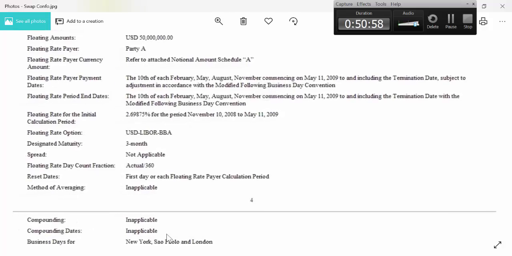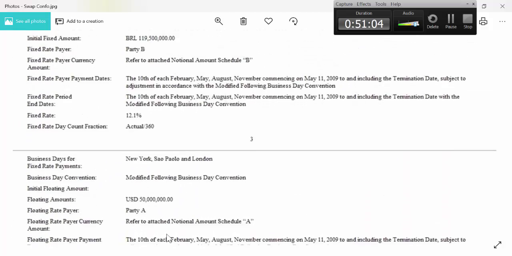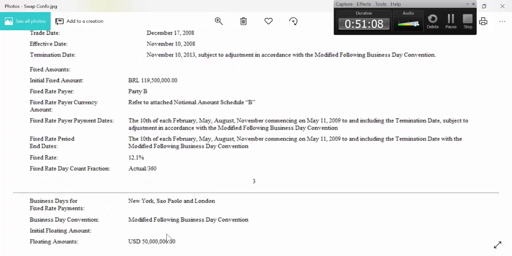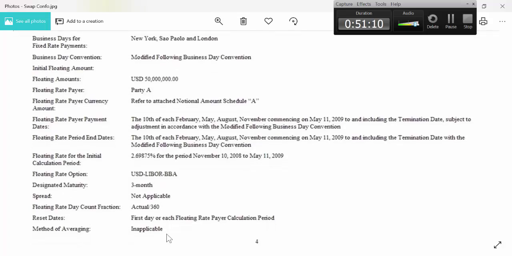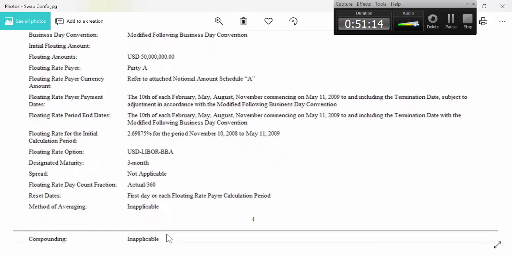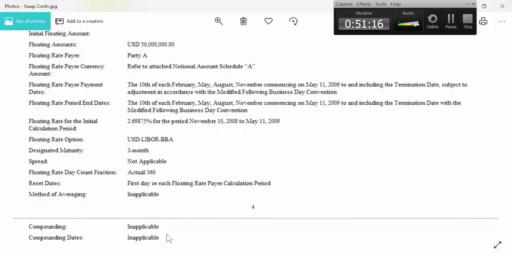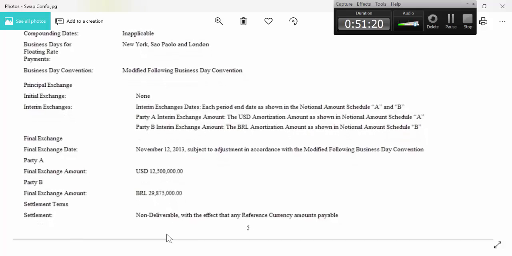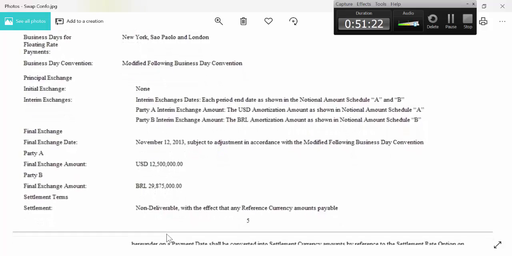And the US dollar is based on 3-month LIBOR. Brazilian real is based on a fixed rate of 12.1%. So it's got all these terms like day count basis, actual 360, floating payment and compounding, business days, business centers, New York, Sao Paulo, and London.